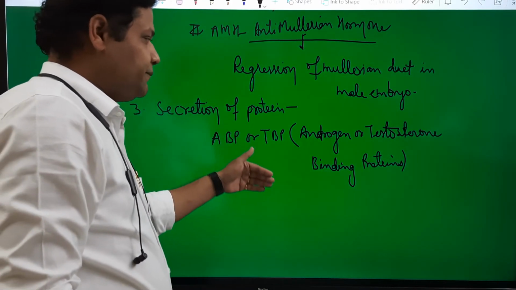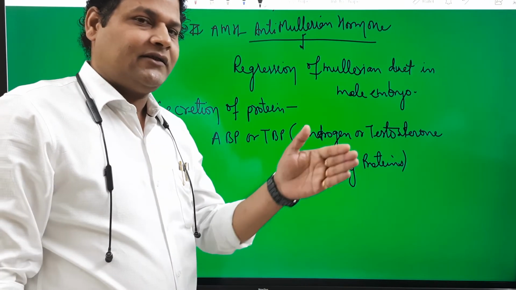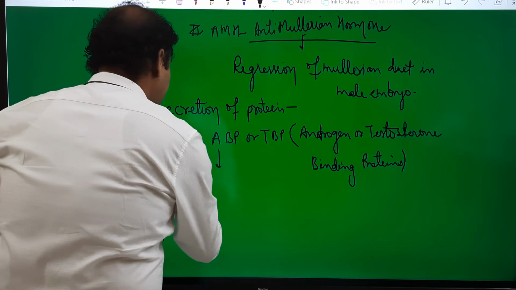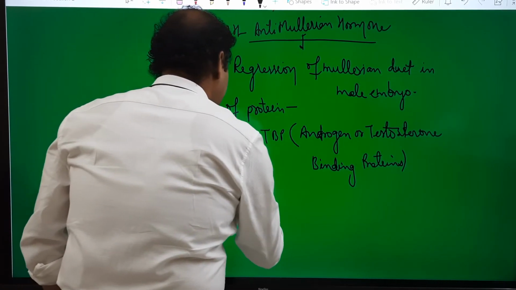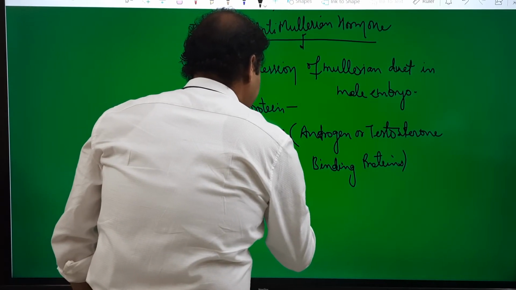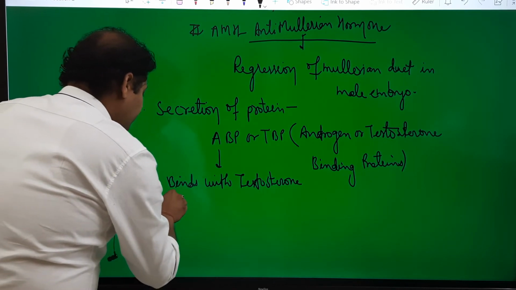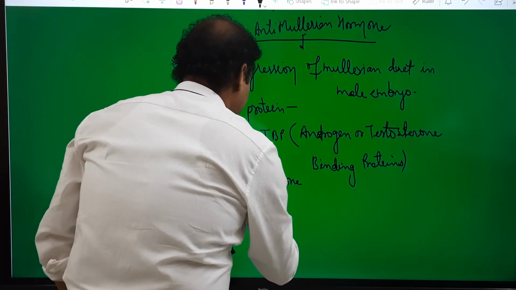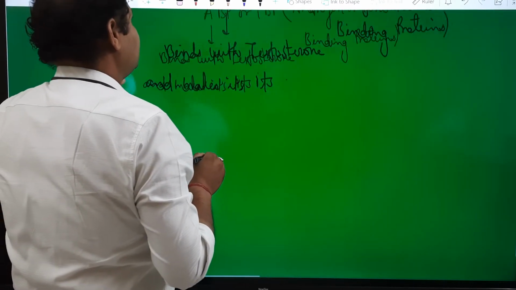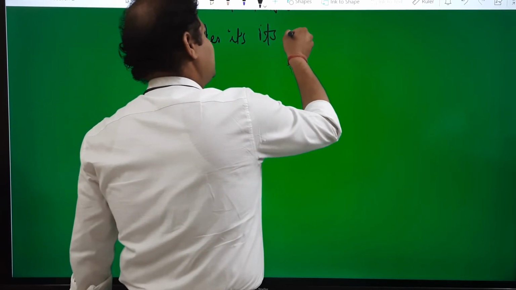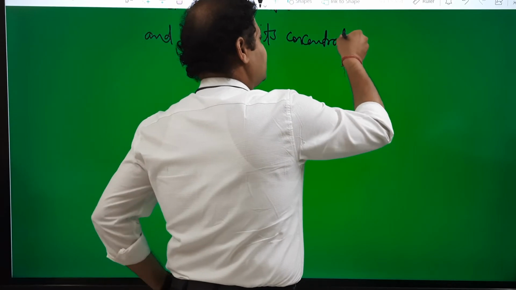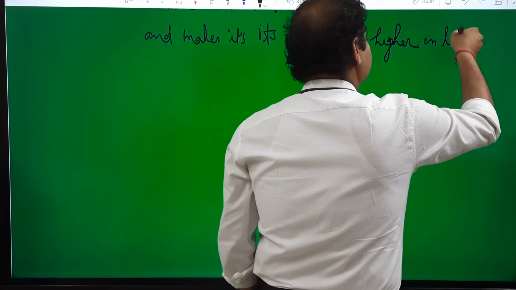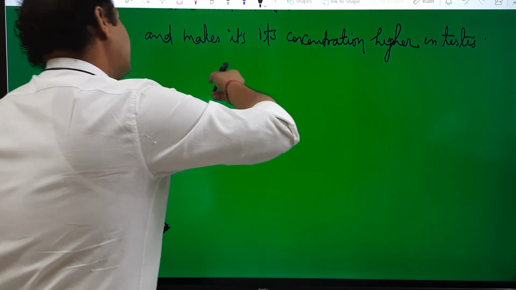This protein ABP binds with testosterone and maintains its concentration, making its concentration higher in the testes.